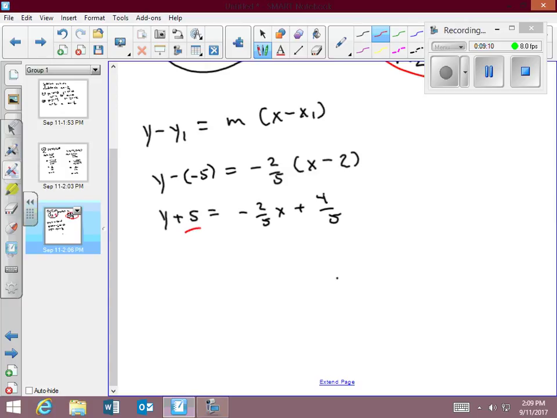So what am I going to do? Subtract 5 from both sides? Now, the constant terms are 4/5 and -5. How are we going to combine those?